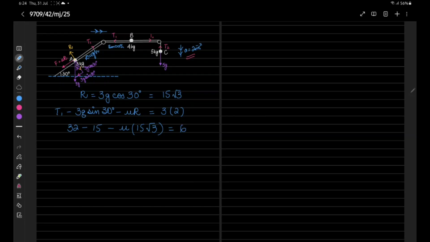We will get mu to be equal to 11 over 15 root 3.